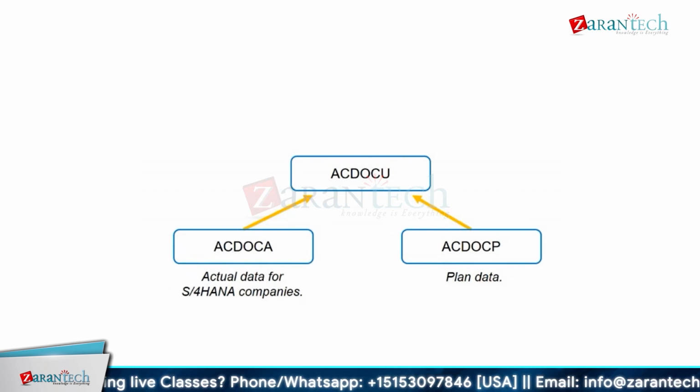Still, if you are using BPC planning, you can do planning and move to ACDOCP. Or you can use APIs and load planning data to ACDOCP. There are also SAP-provided Fiori apps through which you can get data into ACDOCP. And from there, it will go to ACDOCU.